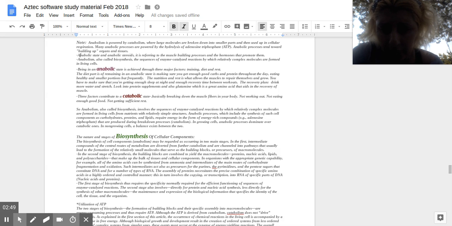So in growing cells, anabolic processes dominate over catabolic processes. And in non-growing cells, a balance will exist between the two processes.